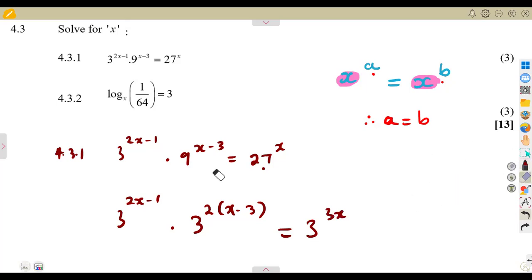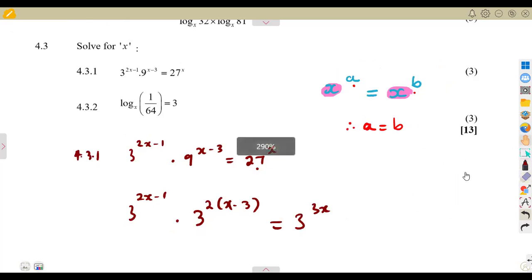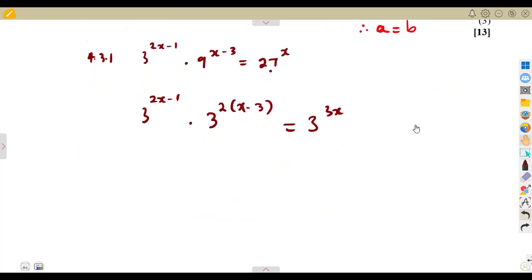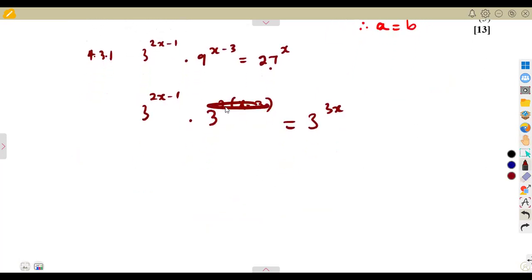Before we do any simplification here, let us see what we are having on this part. Remember that an exponent to an exponent, you have to multiply: x to the exponent of a to the exponent of b is the same as x to the exponent of ab. So these two, we have to distribute everything inside.